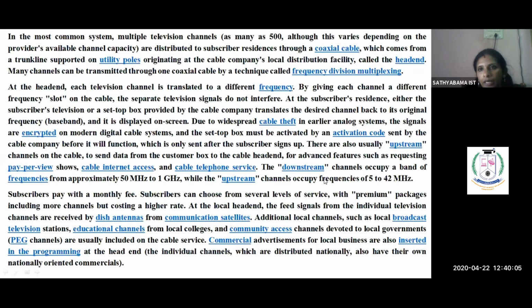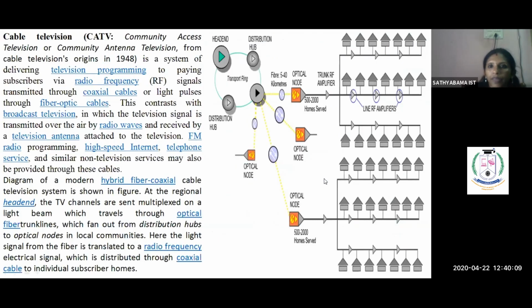Dish antennas and satellites. This diagram represents a clear view of cable TV operation. We have a head end, and through the transport ring we have distribution hubs.